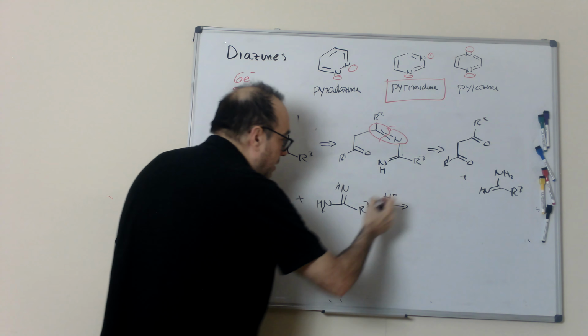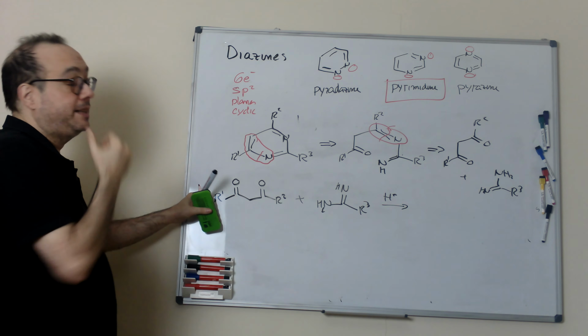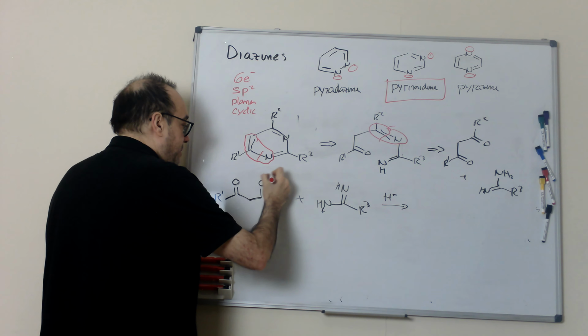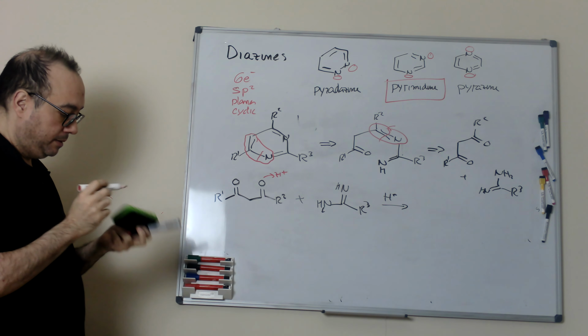We can make pyrimidines in basic media, but then we need a different starting compound; check the notes. The first thing, if we are in acid media, is to protonate one of the carbonyls.